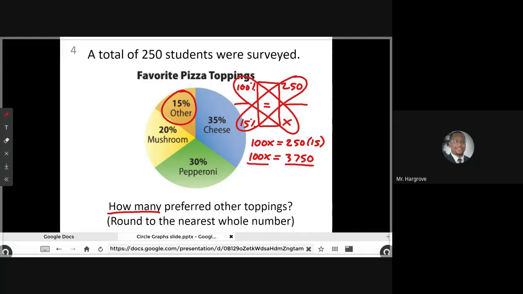And then I need to divide both sides by 100, since that is the number that is next to X. That's going to give me X equals 37.5. And it says round to the nearest whole number, which makes sense since we're dealing with people. That's going to be approximately 38 students preferred other as their favorite pizza topping. So that's all we do here.